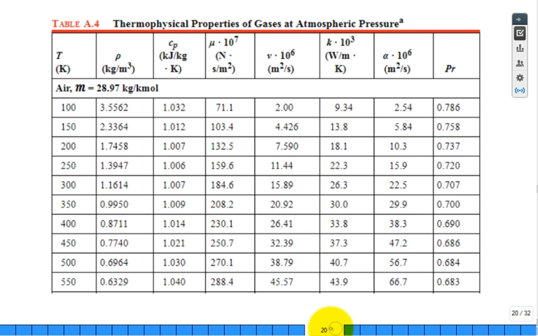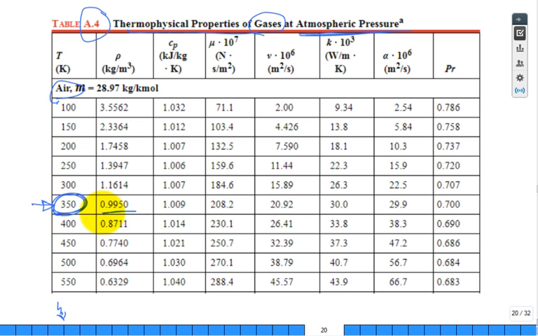So you go to the back of the book and there's Table A4, thermophysical properties of gases at 1 atm. It starts off with air. There's a whole bunch of them, helium. Table A4 is long. But we come down here, what did we say, 350 Kelvin? Isn't that the one?